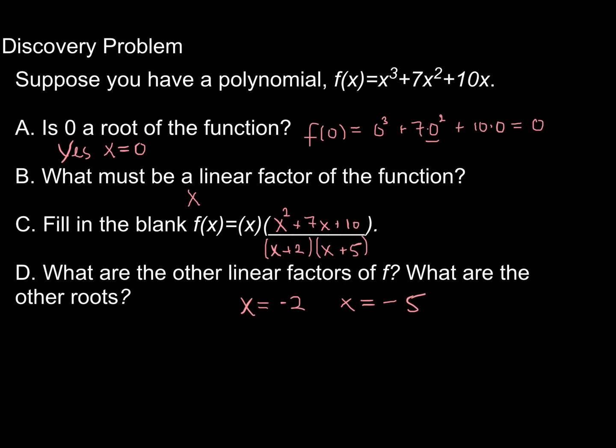We started with a polynomial in standard form. And by taking some of the information that we were given and testing to see, did we have a root? If we had a root, could we tell what the linear factor would be? We were eventually able to figure out all of the linear factors of this polynomial, which was really useful because then I could find all of the other roots.